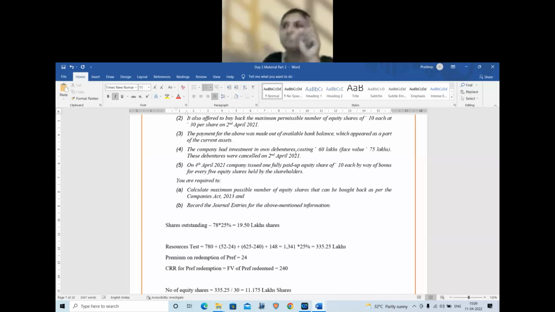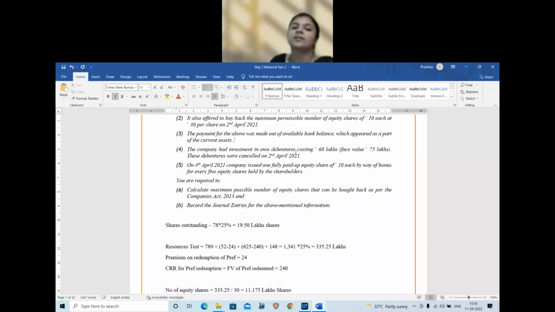But remember, you should issue bonus after buyback, on whatever equity shares remain, because here the bonus date is after the buyback date. So we need to calculate bonus on the shares remaining after buyback. I believe the entries for preference redemption and debenture redemption, you would have learnt.